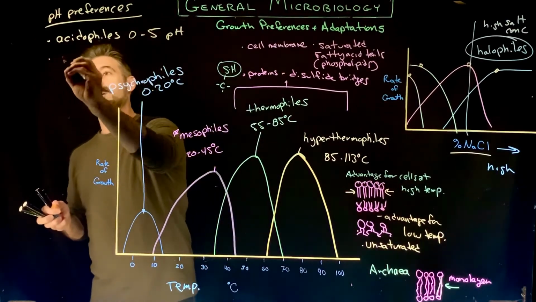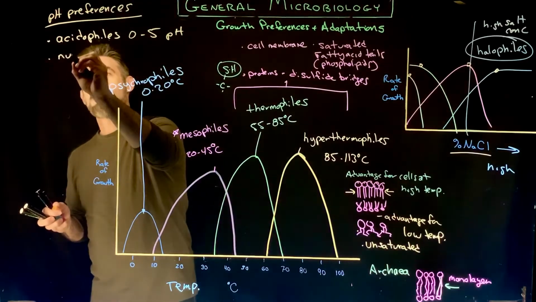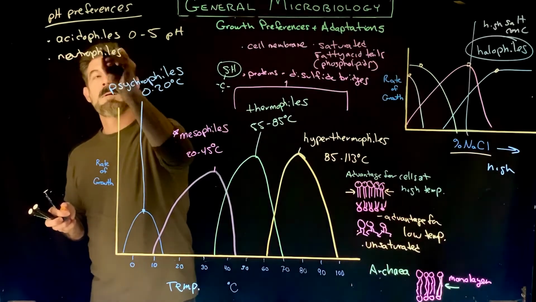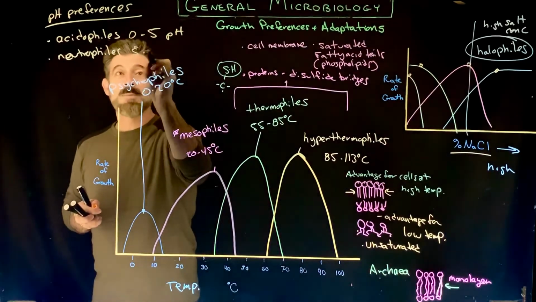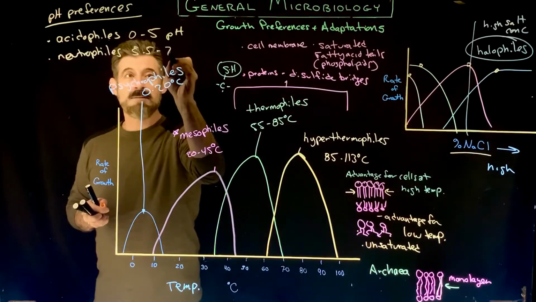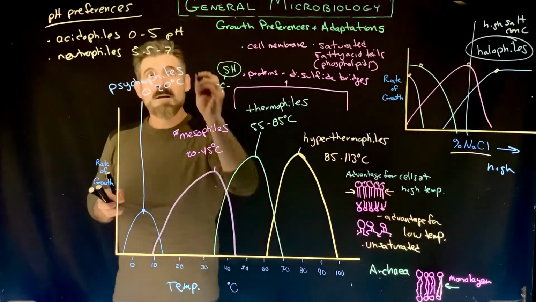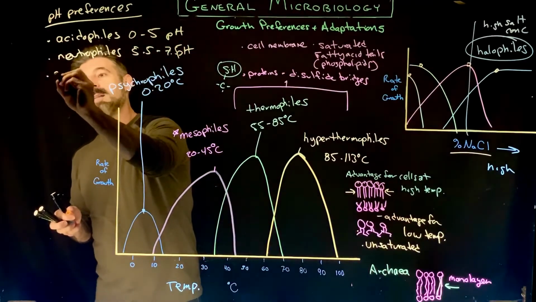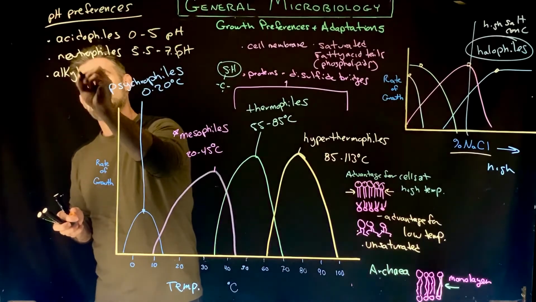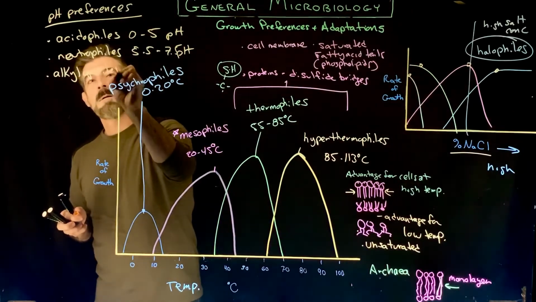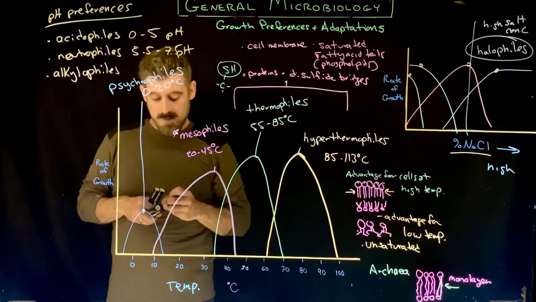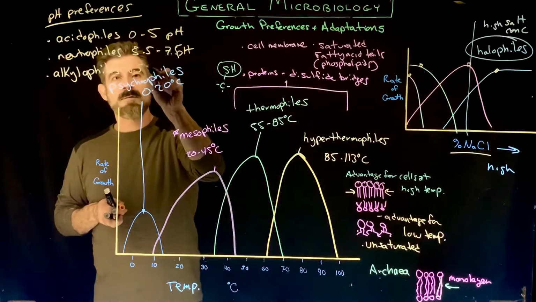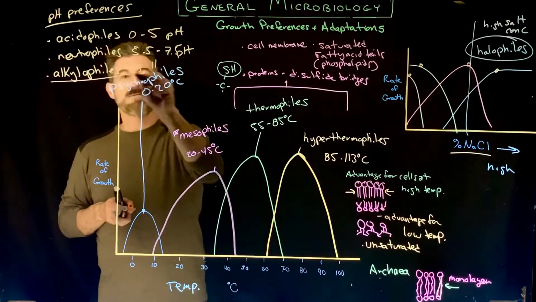We have neutrophiles, preferring more neutral pHs, say pH 5.5 to 7.5, and then we have alkaliphiles, which prefer more basic conditions, say pH 8.5 to 11.